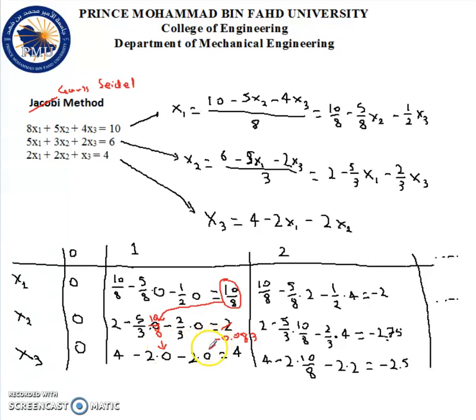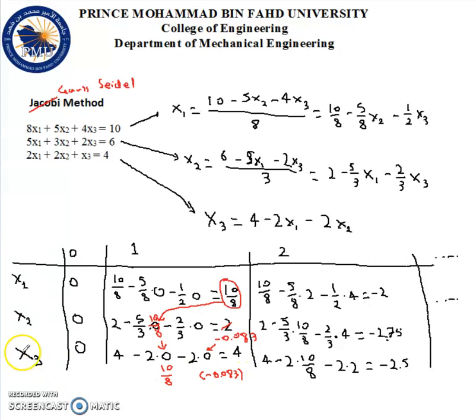So these values are not 0 anymore as in the Jacobi method, but instead it's 10 over 8 for x1 and minus 0.083 for x2.